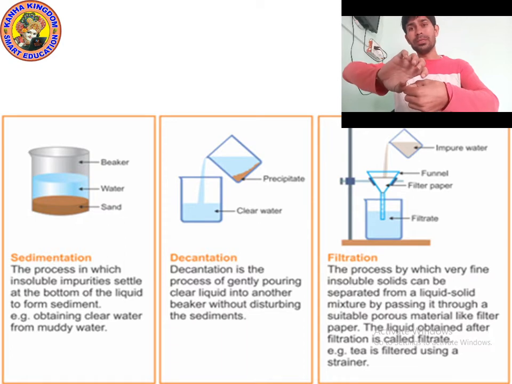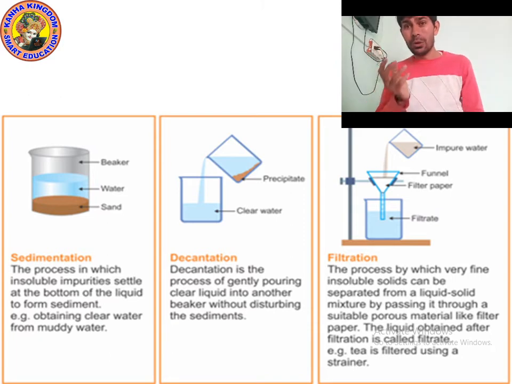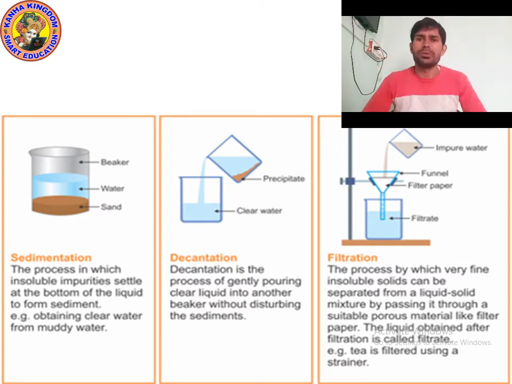After pouring the sediment water, you will see that only impurities will remain in one beaker and the water will come into the other beaker. So this process is known as decantation.